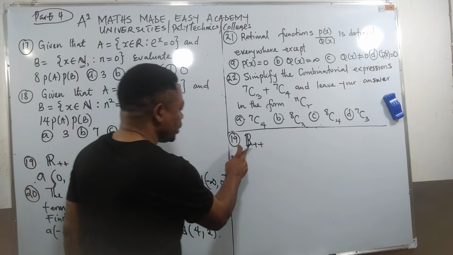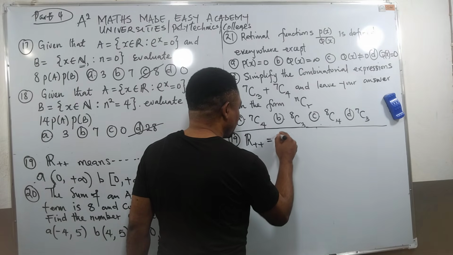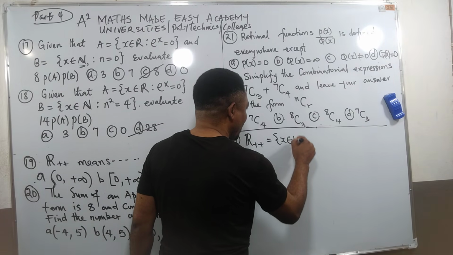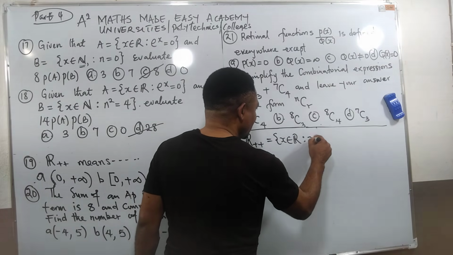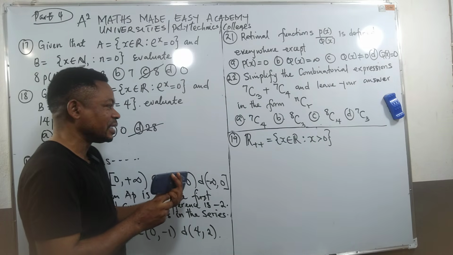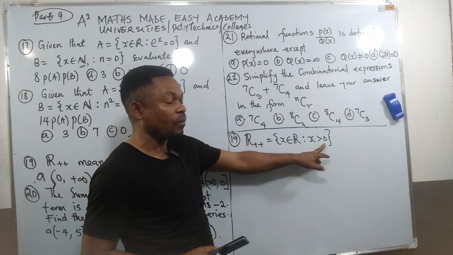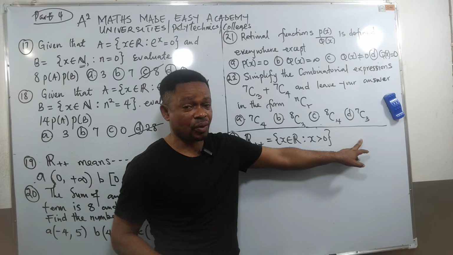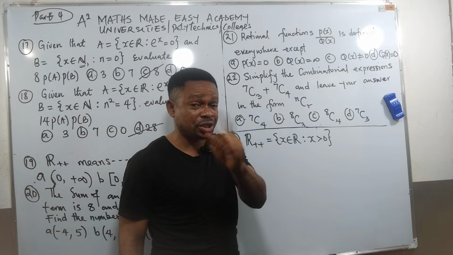When you are given real plus plus, it stands for that x is a member of real numbers such that x is greater than 0. Am I communicating? Now when something is greater than 0, it will start from 1 and migrate to positive infinity.